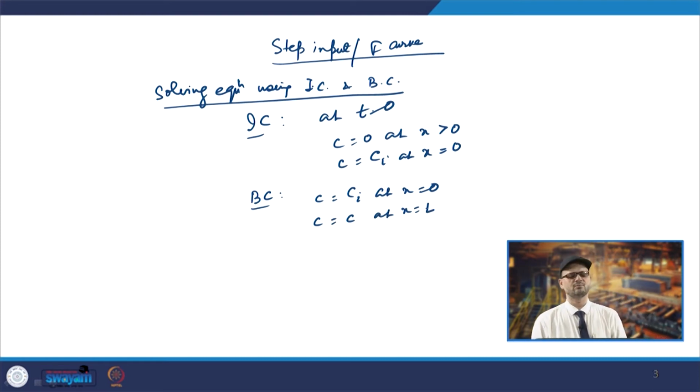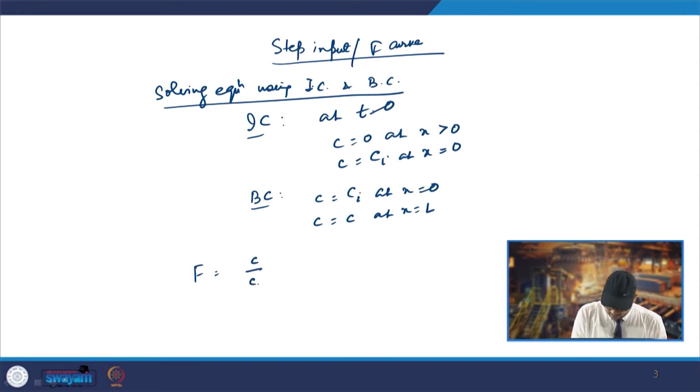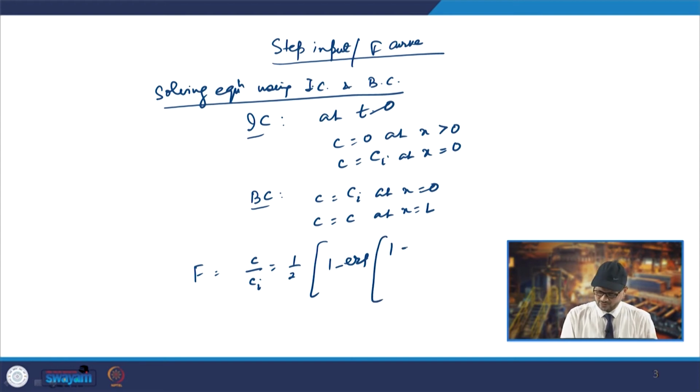If you solve that particular equation with these initial and boundary conditions, you get the solution as F equal to C upon C I, and this value will be half of 1 minus error function of 1 minus theta upon 2 into dE upon UL, to the power 1 by 2.